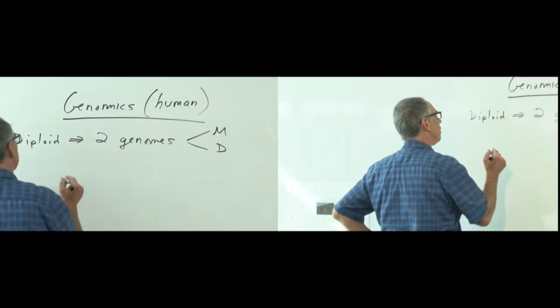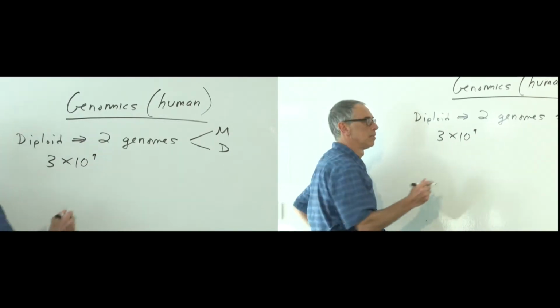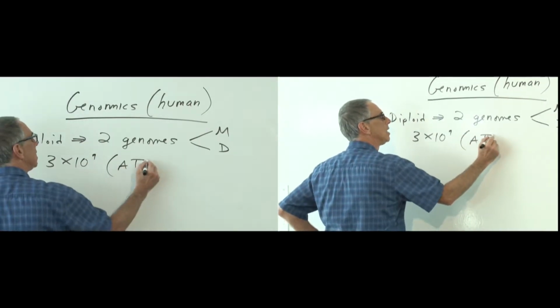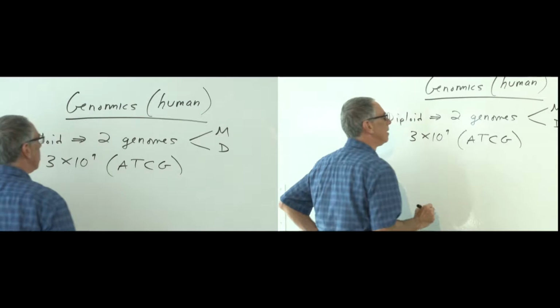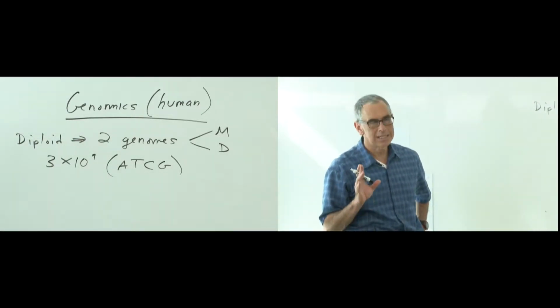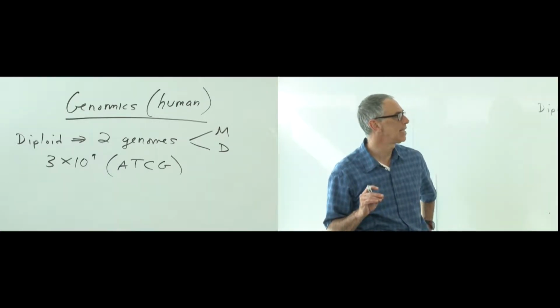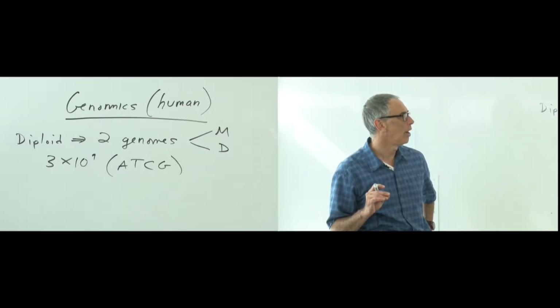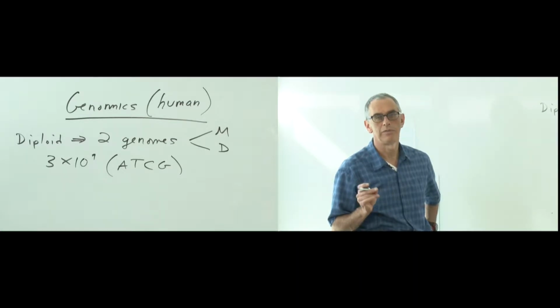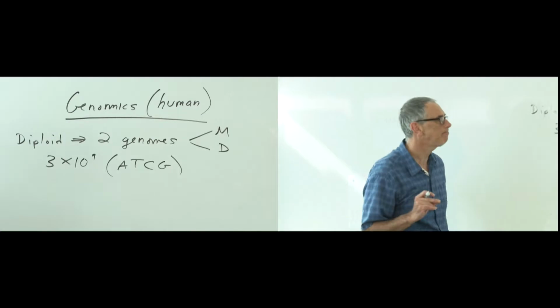A genome in general is 3 billion DNA bases. Remember the DNA bases, A, T, C, G. Genome, 3 billion. It's a big number, but it's not a huge number. You could store your genome as A, T, C, and G on a modern iPhone with very little problem. It would be like 3 gigabytes.